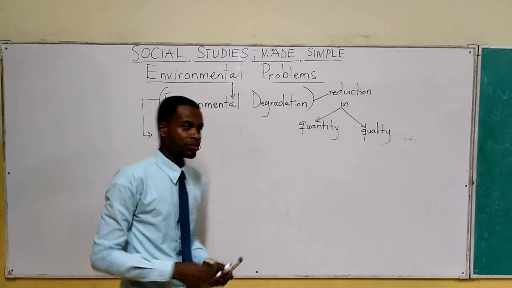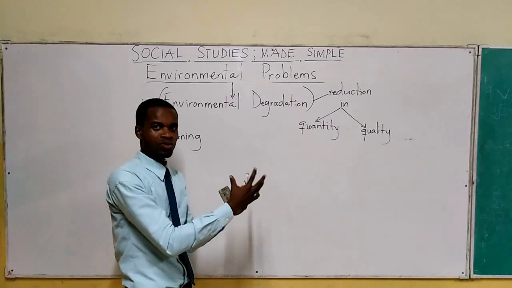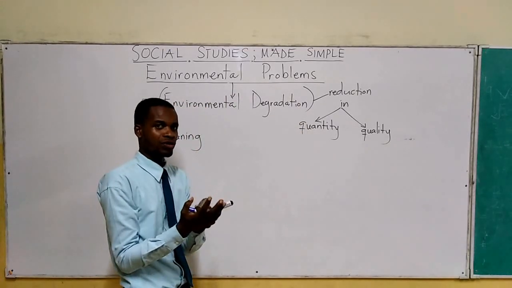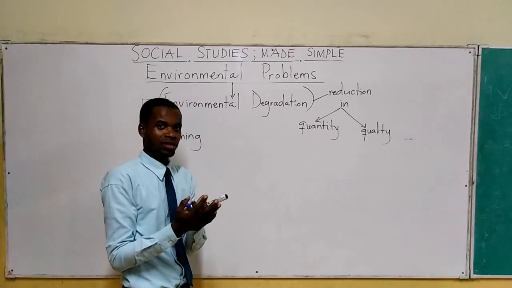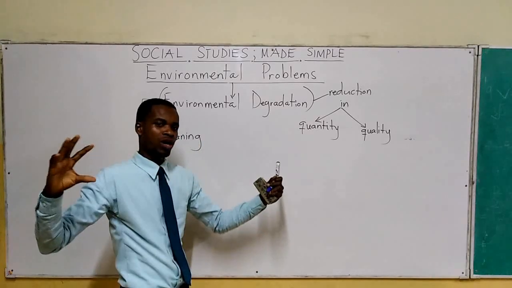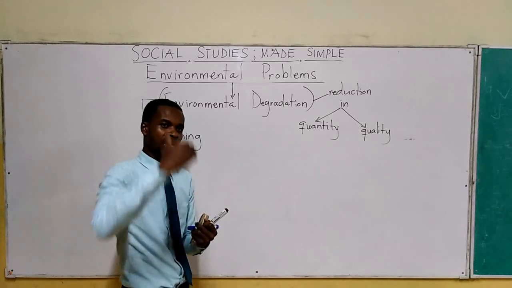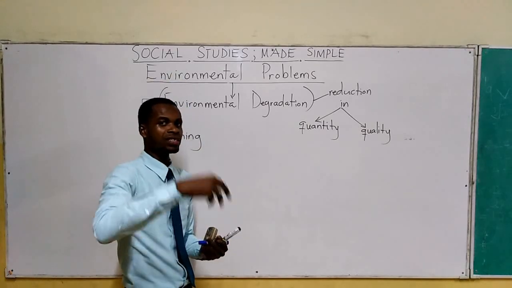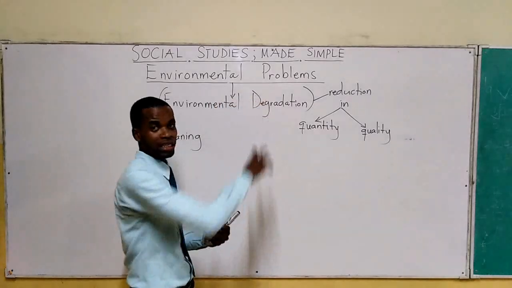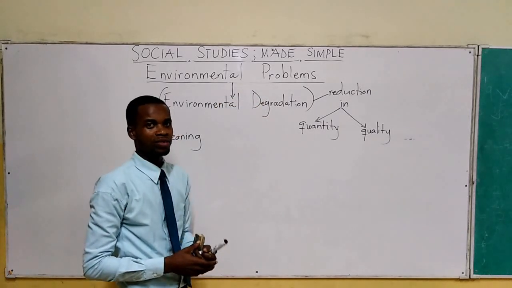Don't get confused. The whole thing here is to summarize the lesson for you to understand. When you get this picture, you can put all these words together and form sentences. And the sentences will become a vivid description of the term environmental degradation.